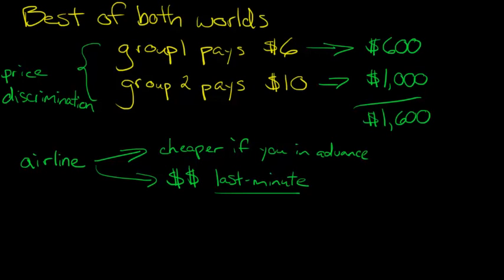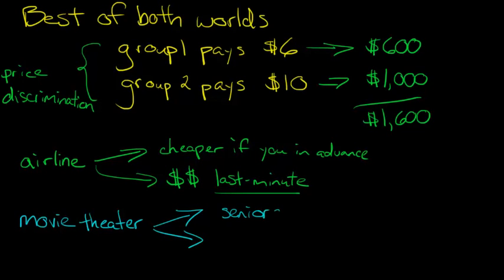So let's go with a different example. Let's take a movie theater. The movie theater also does price discrimination. If you go to a movie theater, you'll see that senior citizens or students get a cheaper rate.